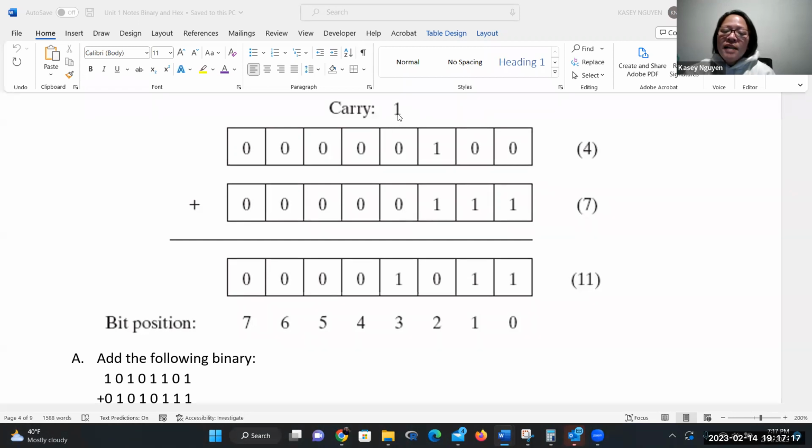So I'm going to take the carry 1 and add it with the top. So a 1 plus a 0 is a 1. The result is 1 here. Then I take that 1 plus a 0, I have a 1. I'm going to demo this shortly. And then the rest are 0 because 0 plus a 0 is a 0. So this is your output.